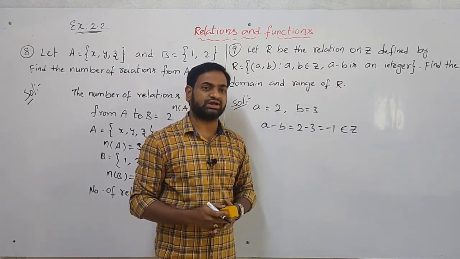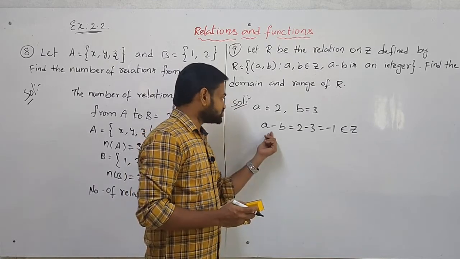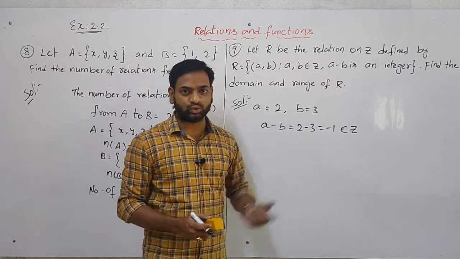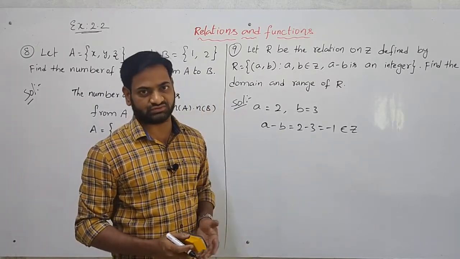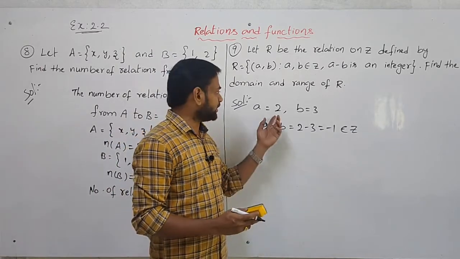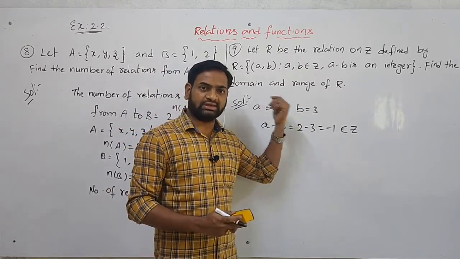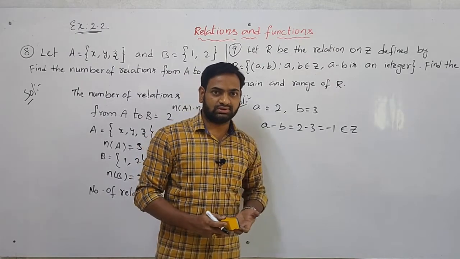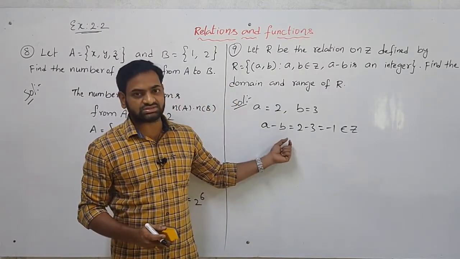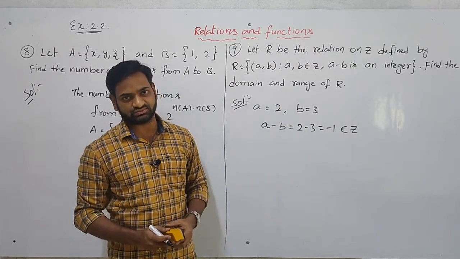So what do you understand here? The subtraction of any two integers is again an integer. You can take any integers, not only 2 and 3. The subtraction of these two integers is again an integer.